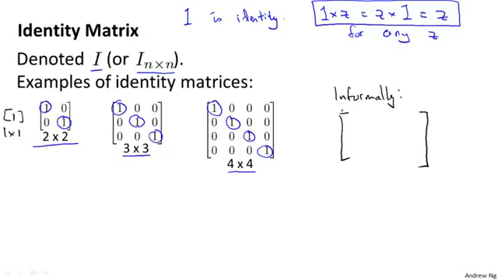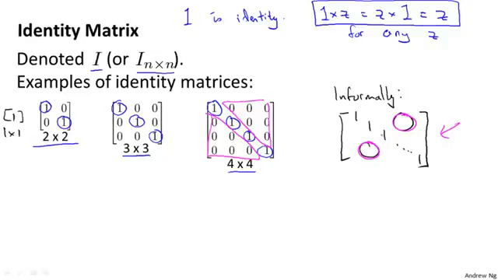We draw square brackets, write 1, 1, 1, dot, dot, dot, 1, and then somewhat sloppily write a bunch of zeros there. This big 0 is meant to denote that the matrix is 0 everywhere except for the diagonal. So this is just how I might sloppily write the identity matrix.